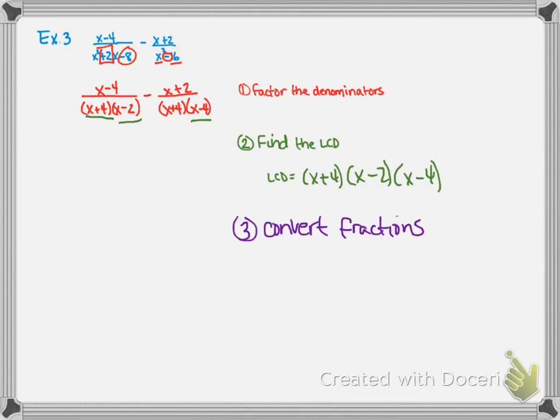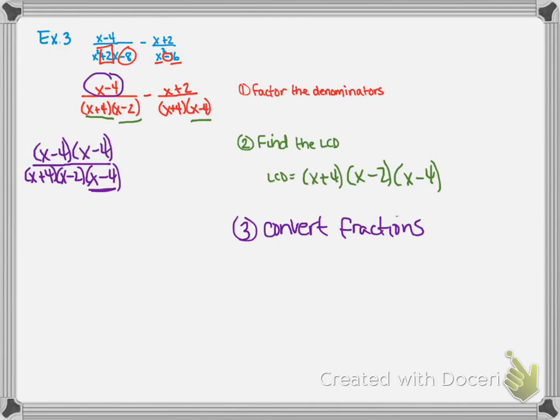We're now going to convert our fractions. So we're going to convert the first fraction so that it has our LCD. I'm going to look at my original denominator and ask, what is the additional factor? What else am I multiplying by in my new denominator? x minus 4. So I'm going to need to multiply my old numerator by that x minus 4.